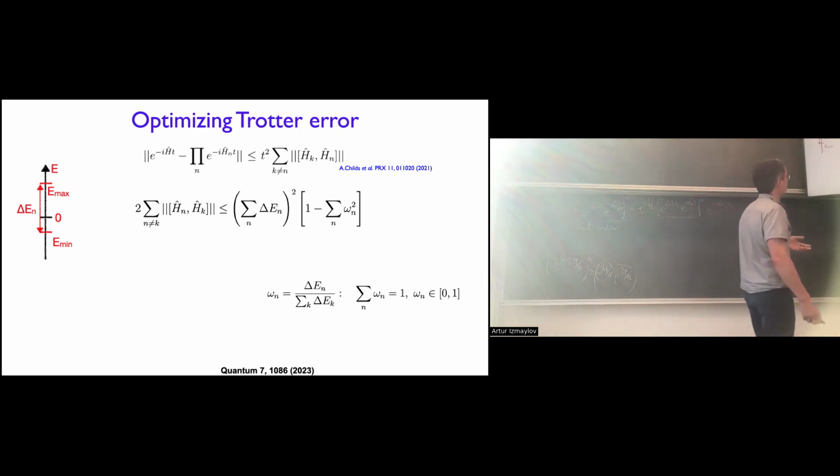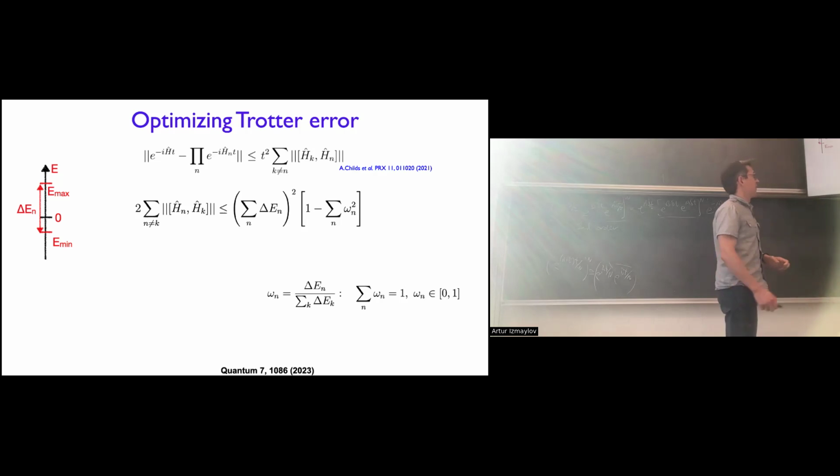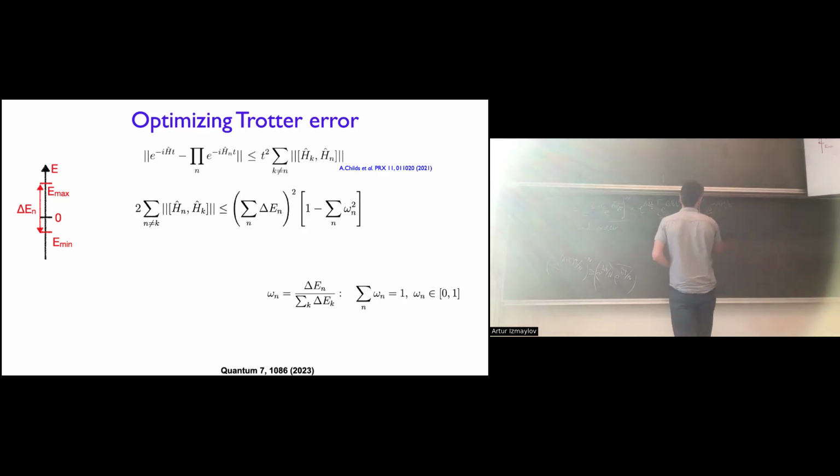So instead, one can derive the following expression where we did the upper bound of their upper bound. And the way you could derive it is by taking the following consideration: the commutator between the two operators, H_J and H_K, really doesn't change if you shift any of these operators, right?